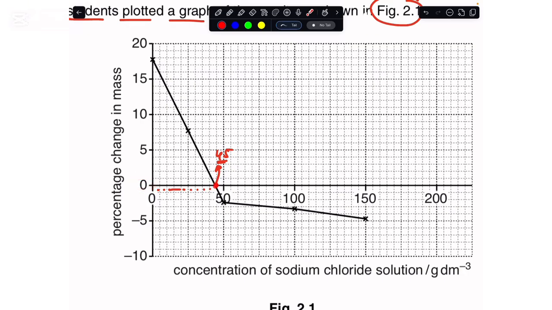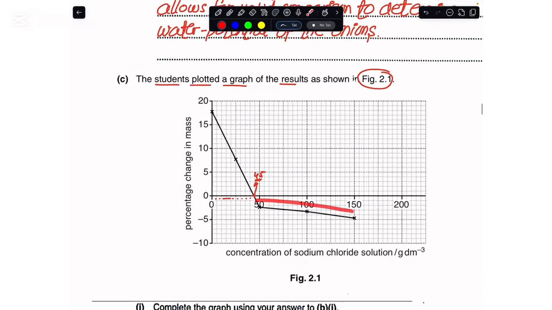But as the concentration is increased above 45, we see a decrease in the percentage change in mass. So this means that from 50 till 150 gram per dm cube of the sodium chloride concentration, the onion bulbs are losing water. The water is going out of them into the surrounding sodium chloride solution. So that is why we see a decrease in their percentage mass.